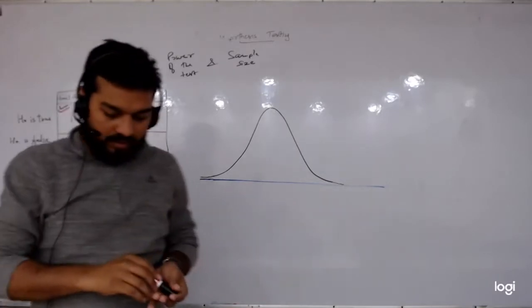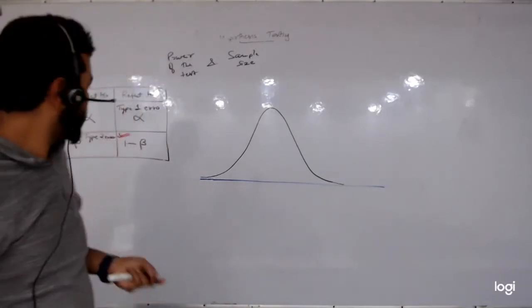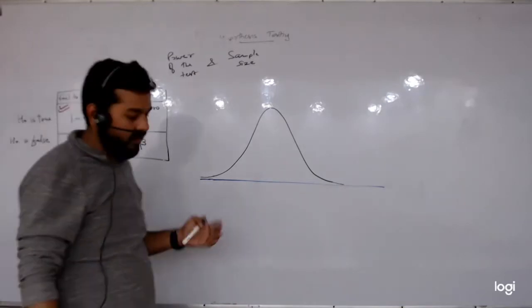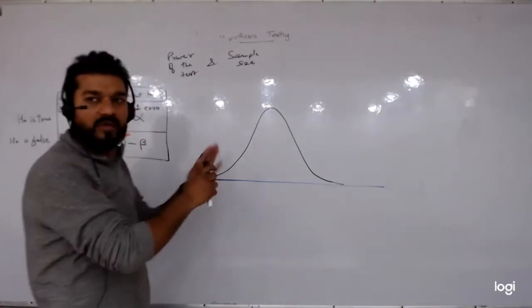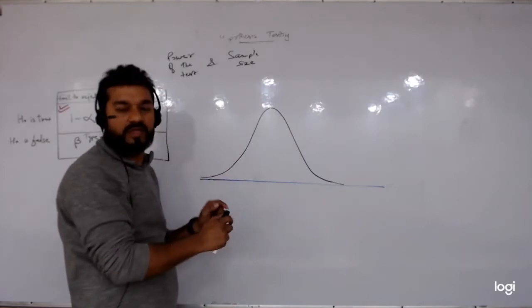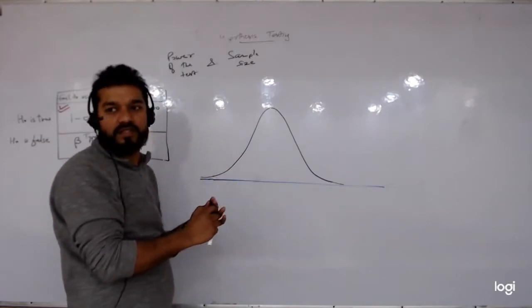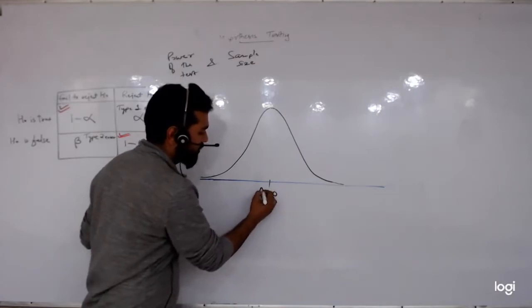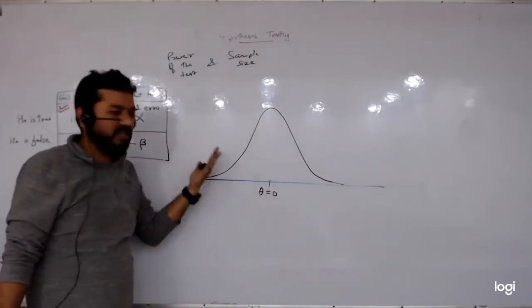Okay. If indeed the null is false, that means there's no problem with the shape. The problem is where it's centered. Continuing with the same example, we have said that there is no difference.